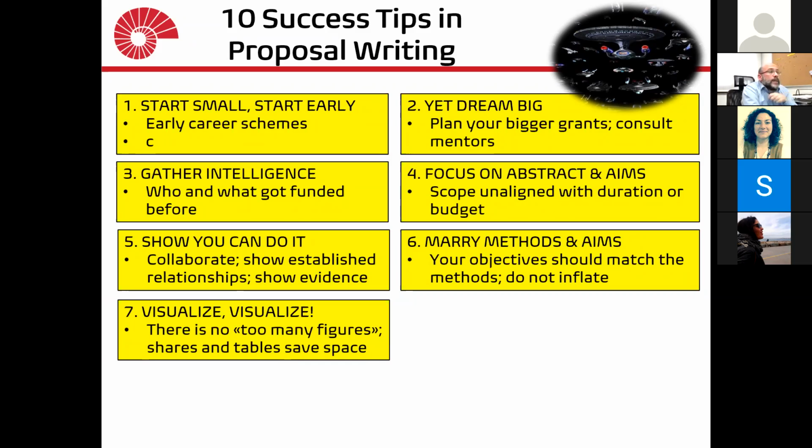Visualization is, in my experience, very important, especially for grant proposals, from the perspective of evaluators, those referees reading these 15 or 10 or 25, whatever pages of the grant proposal. When they see graphics, figures, tables, on the one hand, it saves you space, of course.